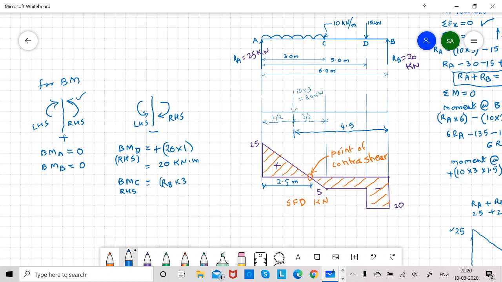This is anti-clockwise but on the right hand side, so according to our sign convention, it is plus. I'm sorry, the load here is not 10.